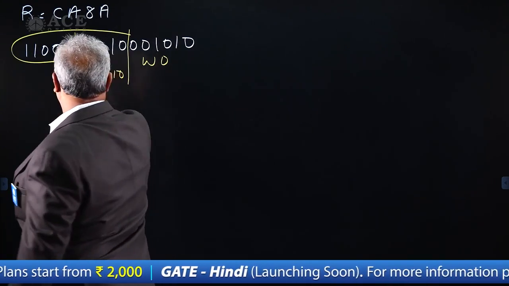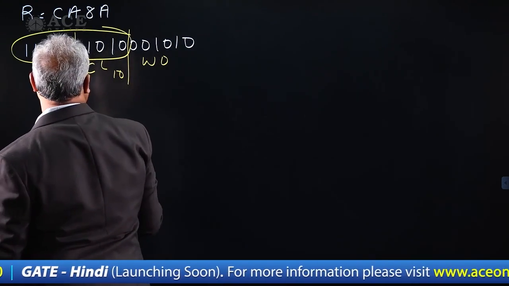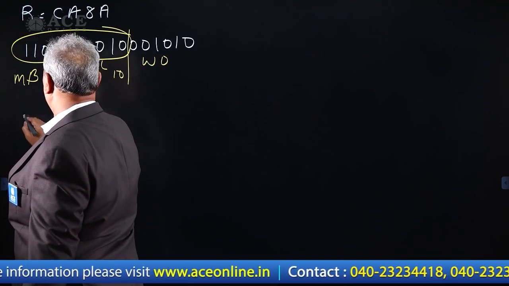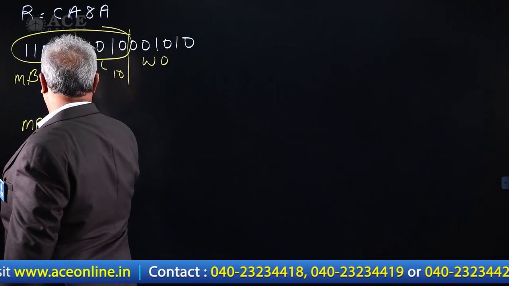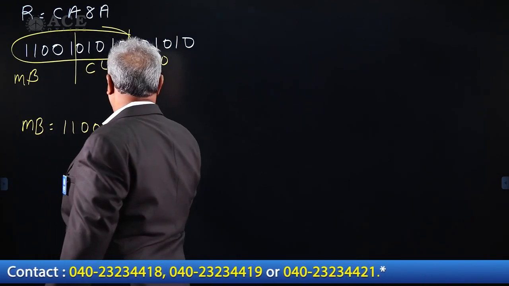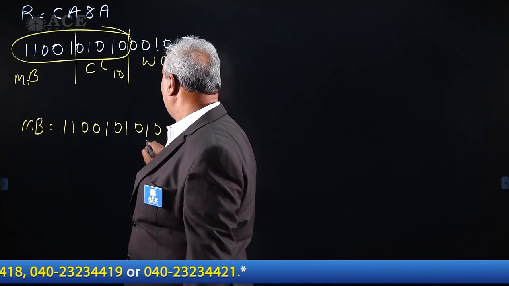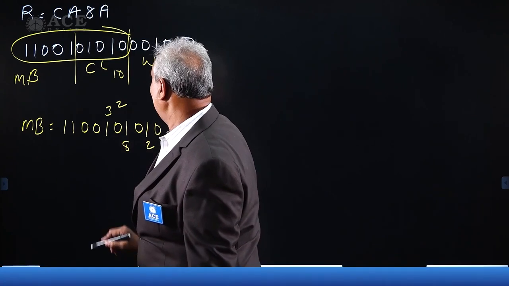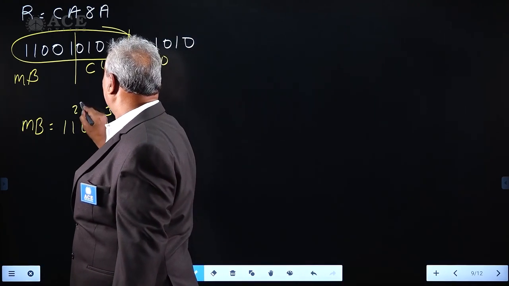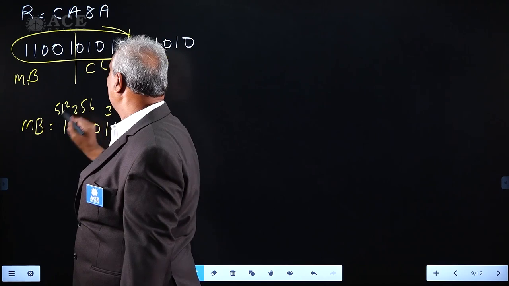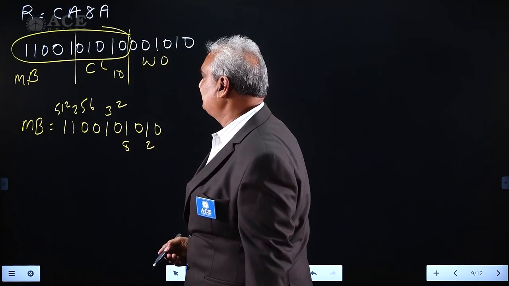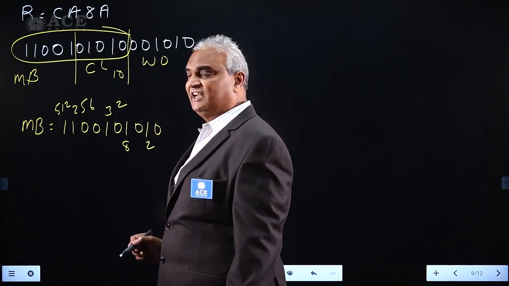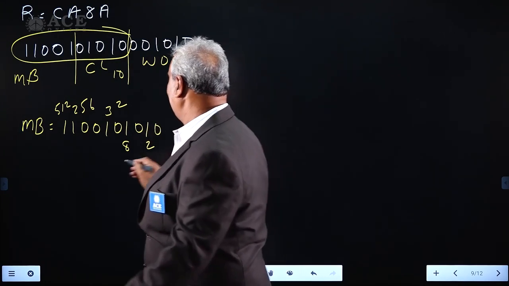Here, these bits are the main memory block number. What about the main memory block number here? MB is 1100101010, which means 1, 2, 4, 8, 16, 32, 64, 128, 256, 512. 512 plus 256, 768 plus 32, 800, 810.